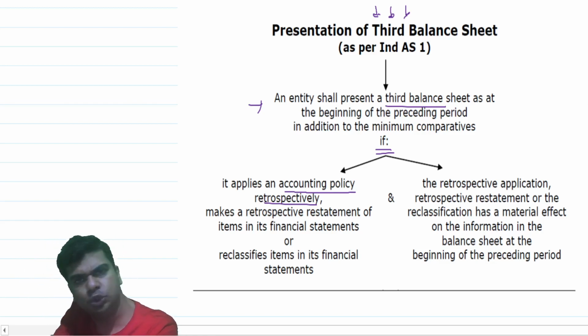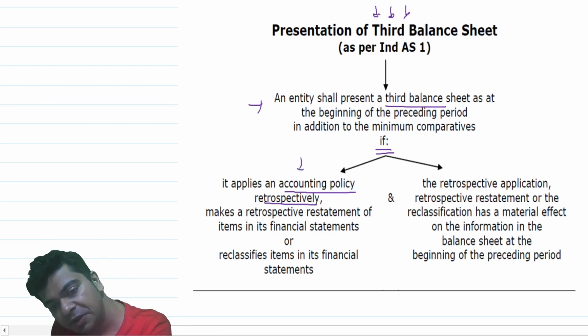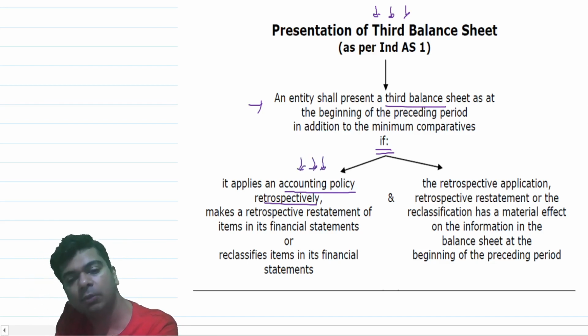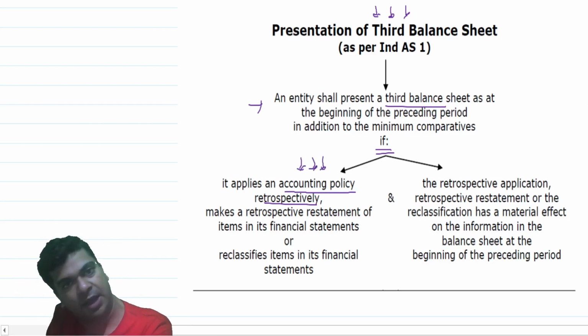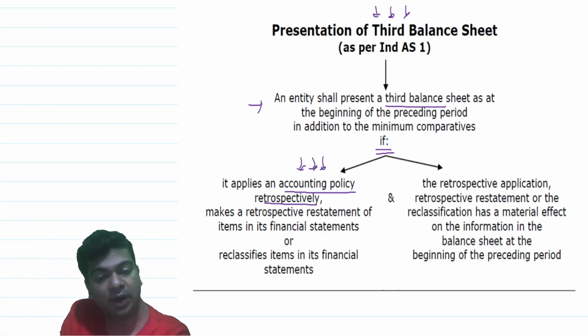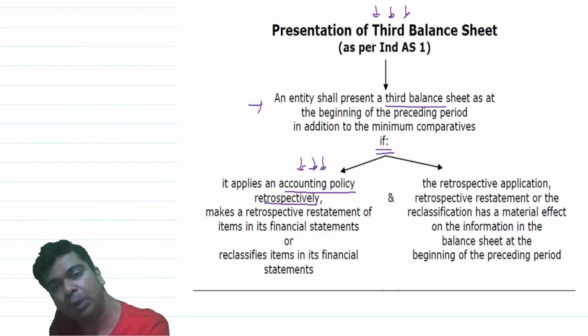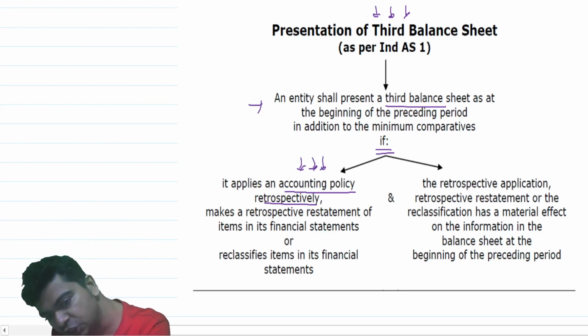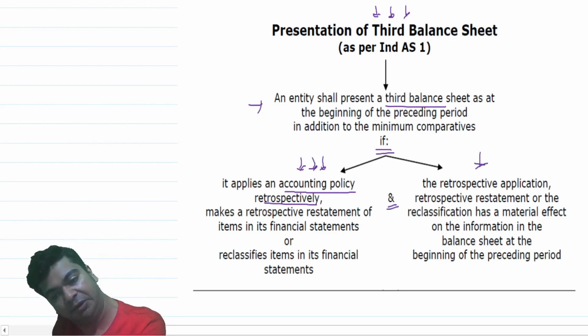The other two are not applicable to us right now. We are discussing applying an accounting policy retrospectively. Whenever you are applying an accounting policy retrospectively, there is a possibility of preparing a third balance sheet, provided this second condition is also fulfilled.